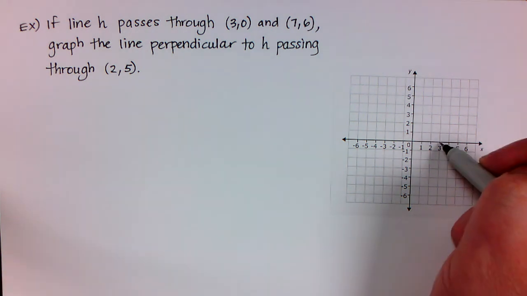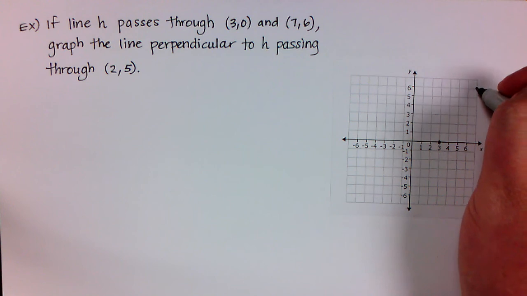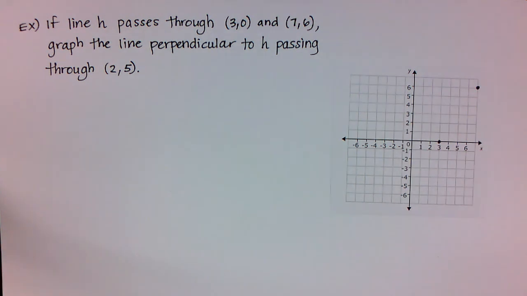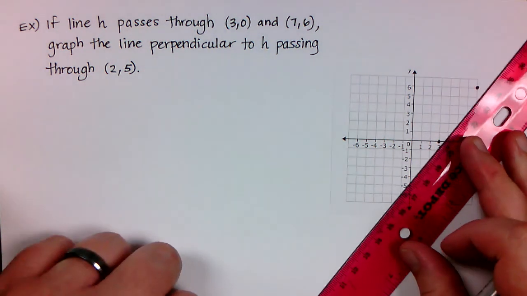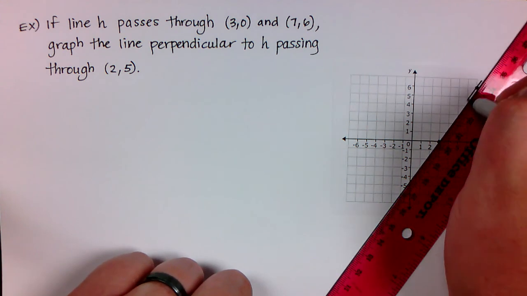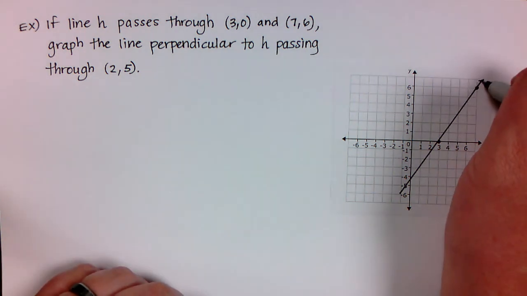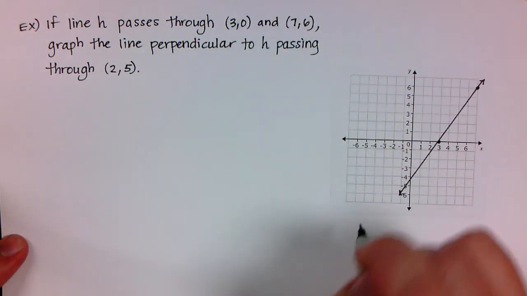So the first point is 3, 0, and I also have 7, 6. So my line is going to be just connecting those 2 points. That's what I would say for my first step.